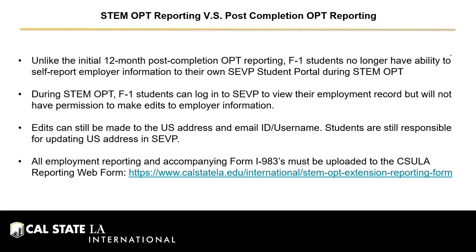And lastly here, all employment reporting and accompanying form I-983 must be uploaded through our reporting form. So here's the link here. It's within the STEM OPT employment category on our website. And it's quite easy. You provide your personal information, your employment information, and also your form I-983, which we'll go into detail later.